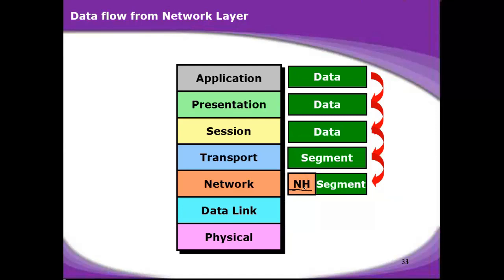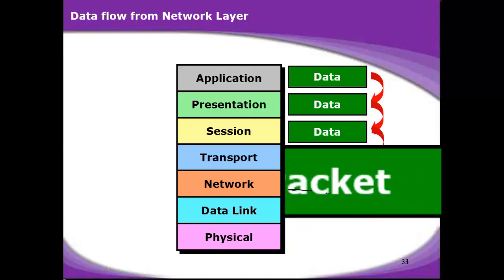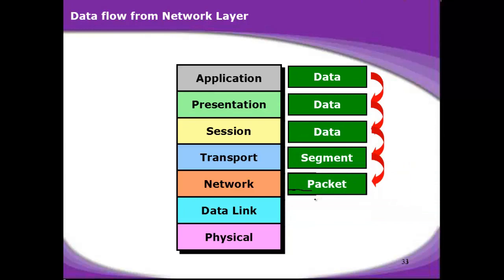That information is contained in the network header, and after encapsulation this becomes the packet. So we can say the PDU, the protocol data unit, at the network layer is packet.